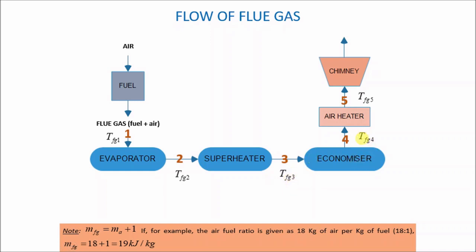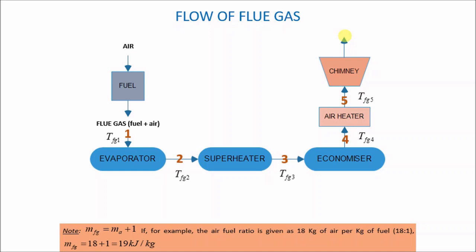And then you have TFG4, which is the temperature of the flue gas out of the economizer just before it gets into the air heater. And then you have TFG5, which is the temperature of the flue gas out of the air heater just before it gets into the chimney. Okay, and then out of the chimney, what you pretty much have is the atmosphere.